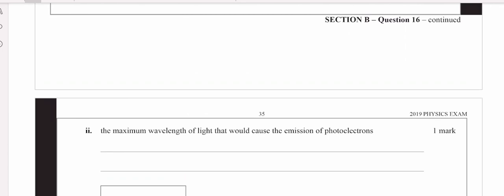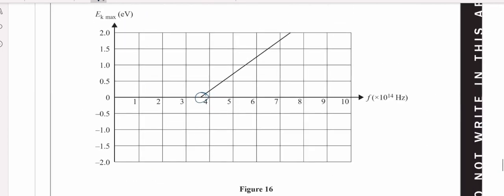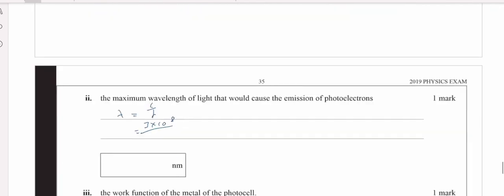The number is c over f, 3 times 10 to the power 8 over, I guess around 3.8 times 10 to the power 14.